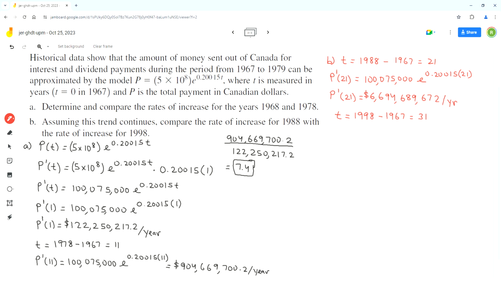So we'll sub in t as 31 in P prime. Now we can evaluate this expression.